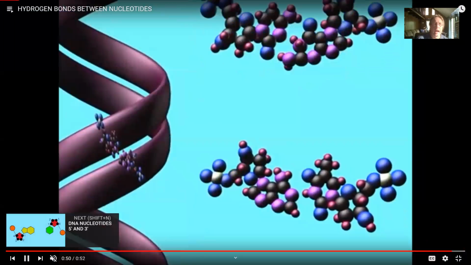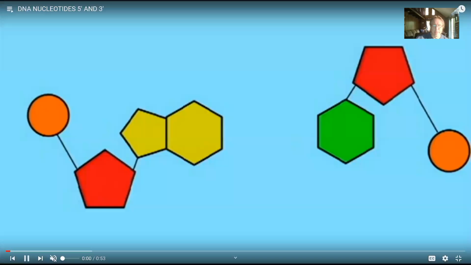Now, at this point, we should probably label the nucleotides because we need to refer to the specific order of the carbons. So once again, in this animation, the round dot is a phosphate group. The pentose sugar is here, and then this is the nitrogenous base.